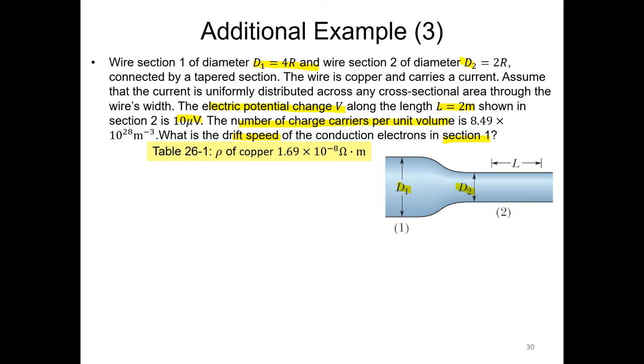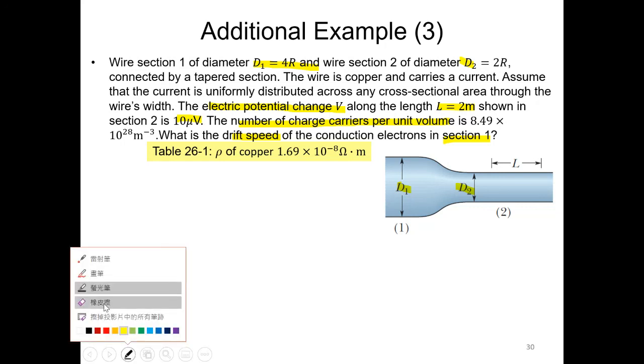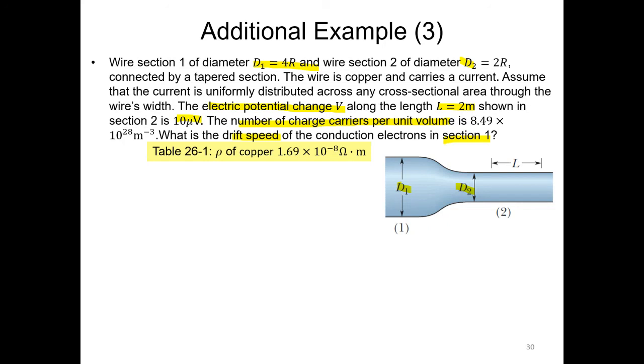So here first we need to use E2 equals V over L. V is this one, the section 2 electric potential change V along L, so that we can calculate E2.